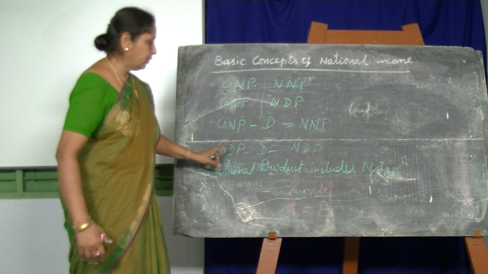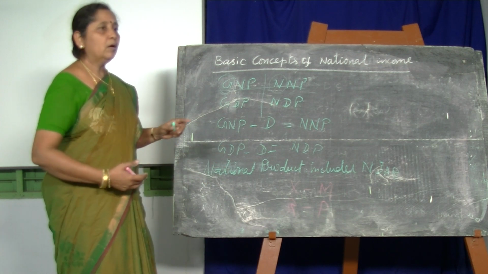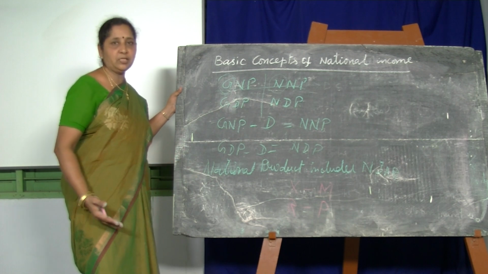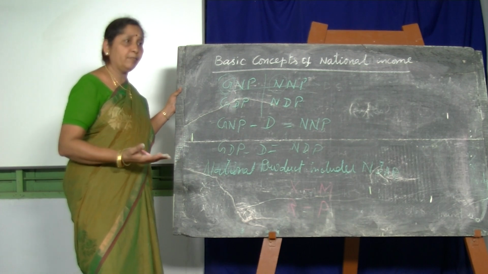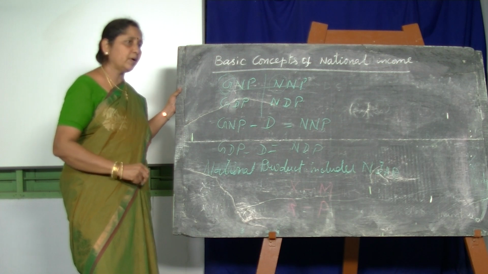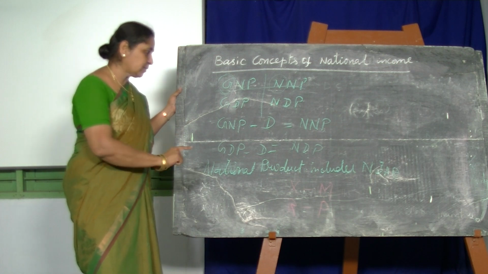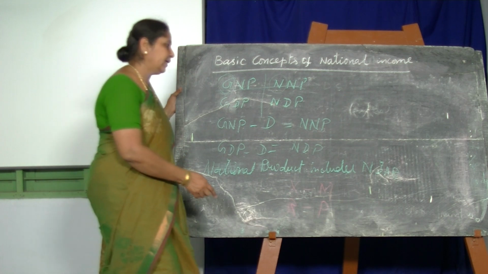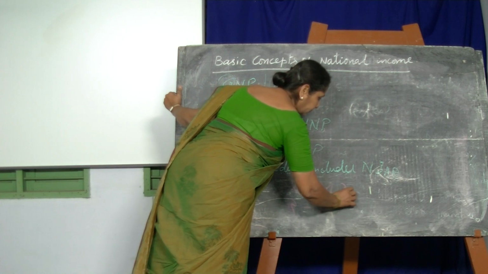And national product includes all the transactions, in the same way, what is paid and what is received in foreign currencies. So if we exclude the net income from abroad from national product, we get domestic product.